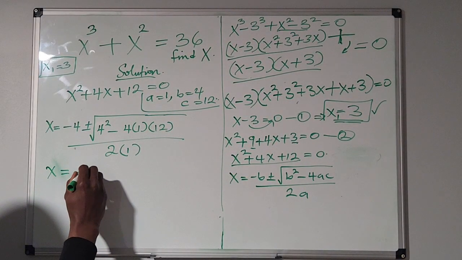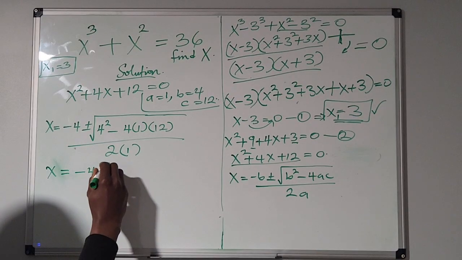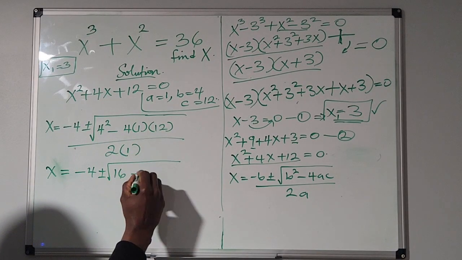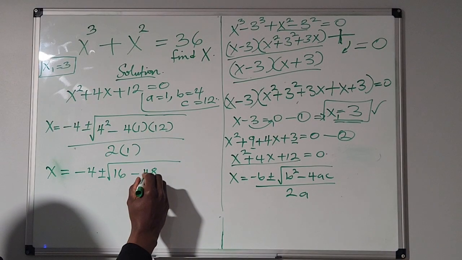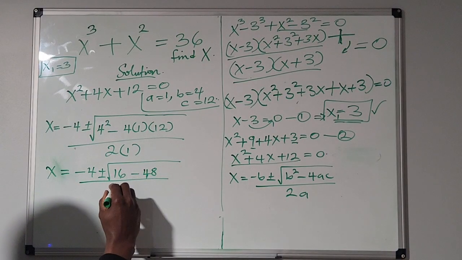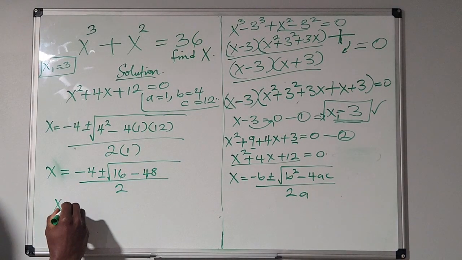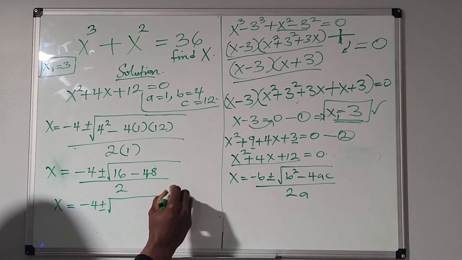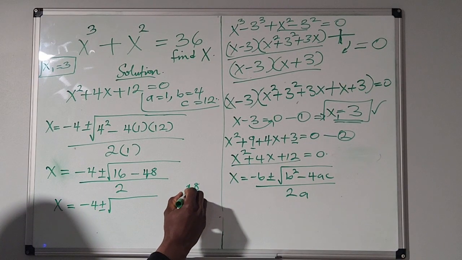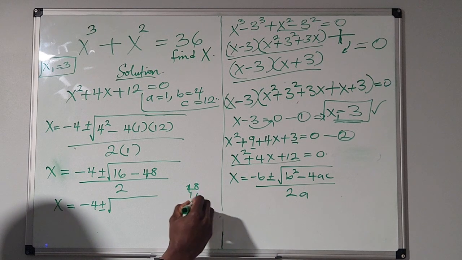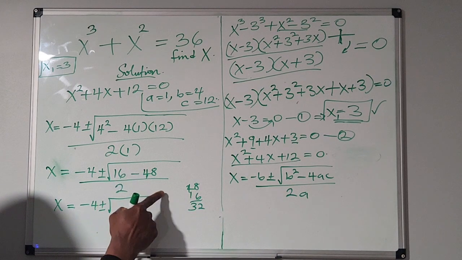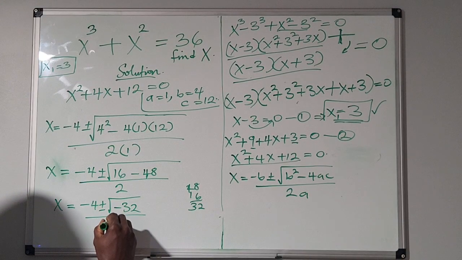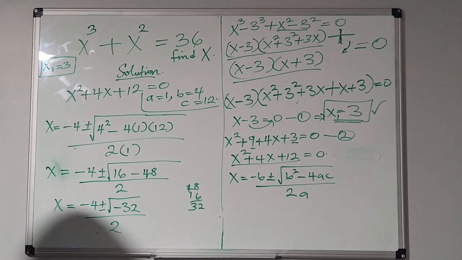Okay. So let's open this up. We have plus or minus 4 squared is 16 minus 4 times 1 times 12. That's 48 divided by 2. This is minus 4 plus or minus the root of 48 minus 16. So we have minus 32 divided by 2.